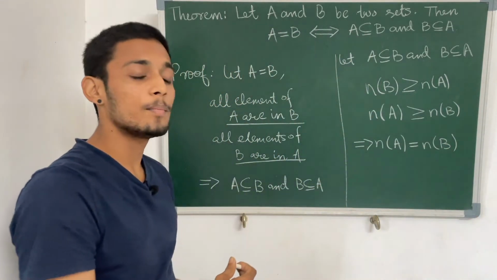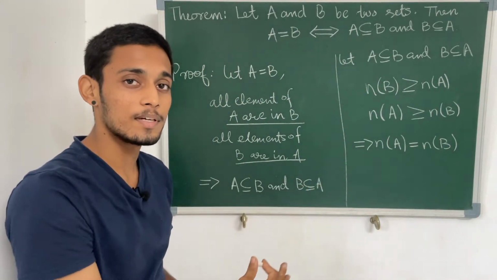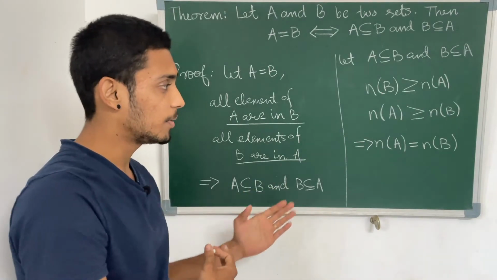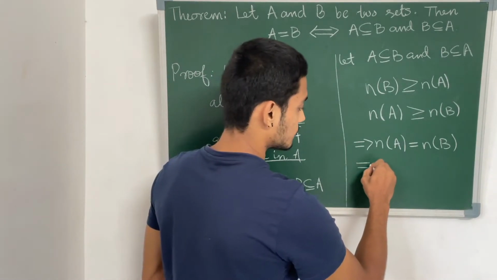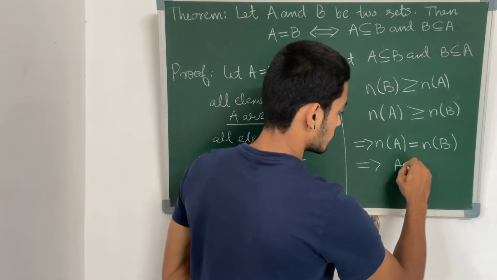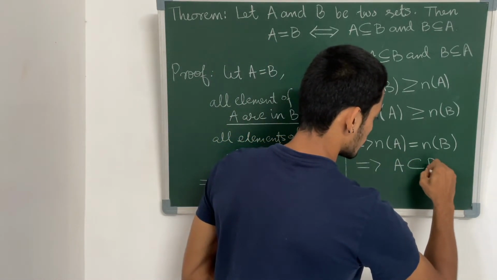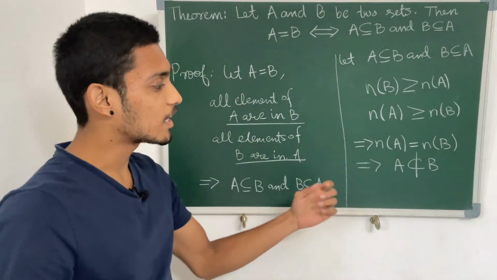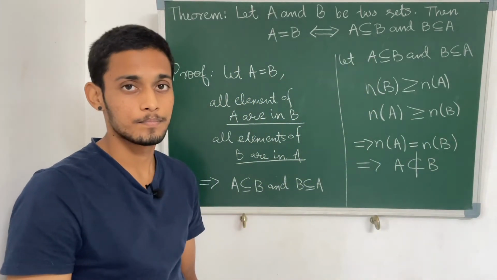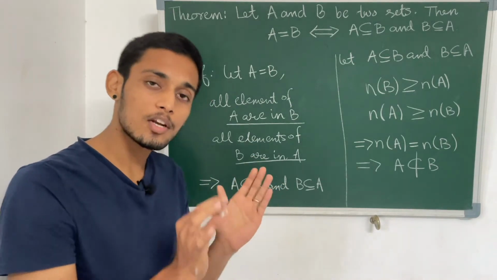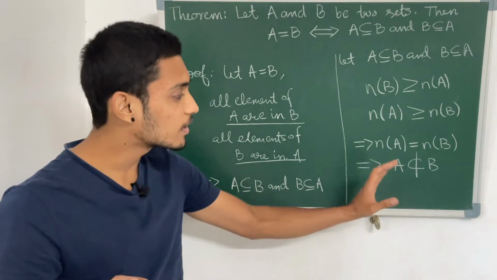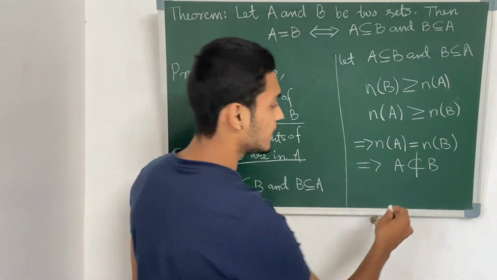So if the number of elements in A and the number of elements in B are the same, what does it mean? It means that A cannot be a proper subset of B. Similarly, B cannot be a proper subset of A. I am only writing one part now.